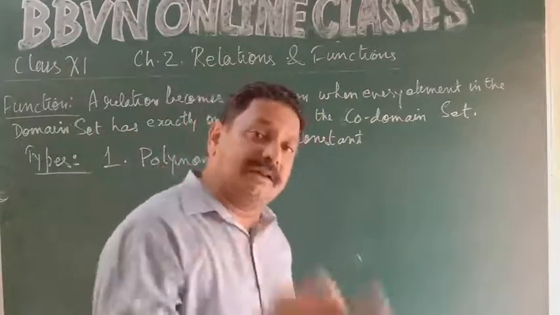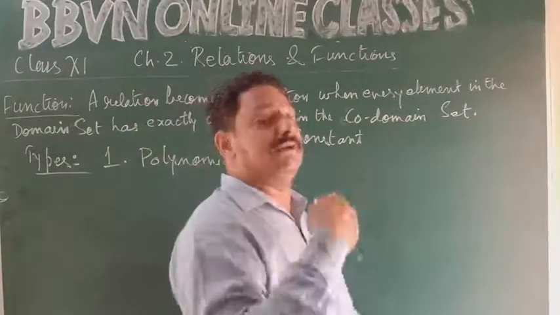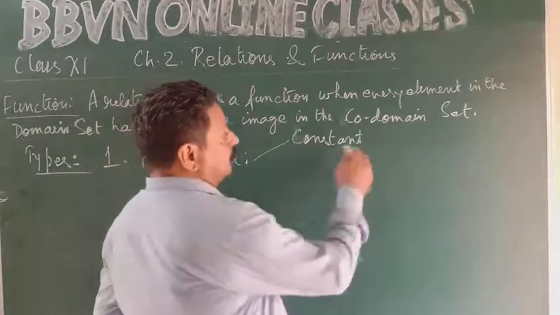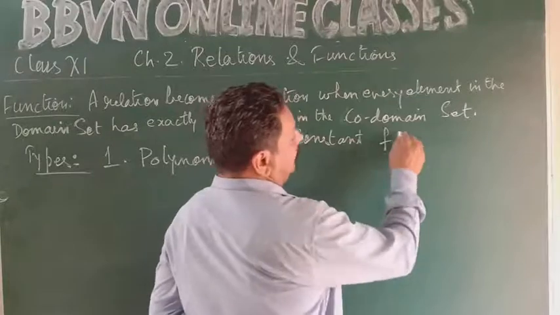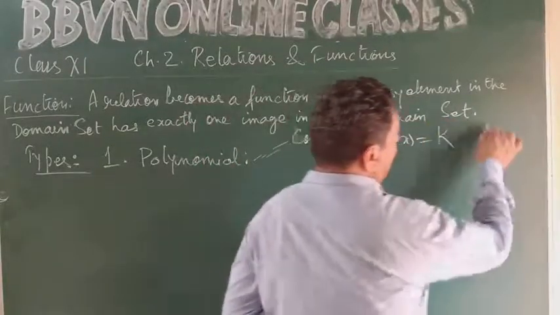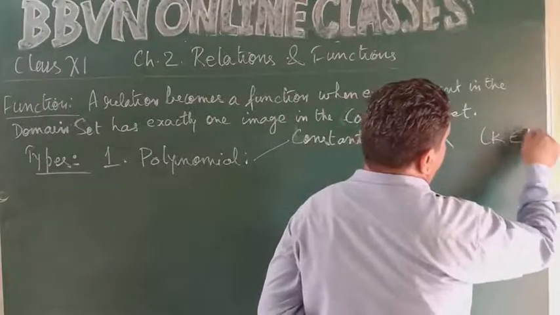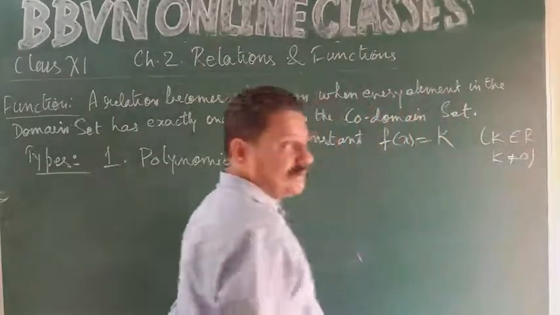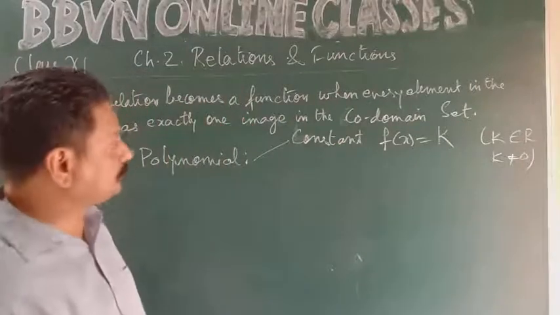Constant polynomial, linear polynomial, quadratic polynomial, cubic polynomial, polynomial of a single variable. So a constant polynomial function f of variable x can be written as f of x equal to k. What is k? k belongs to R and k is not equal to 0. For a constant polynomial, k is not equal to 0.